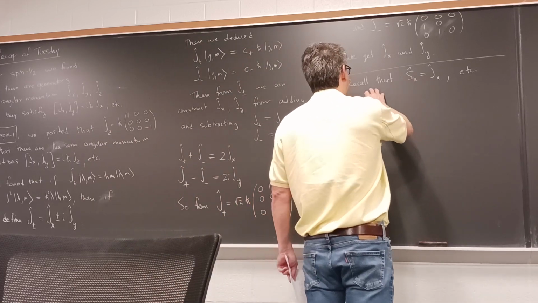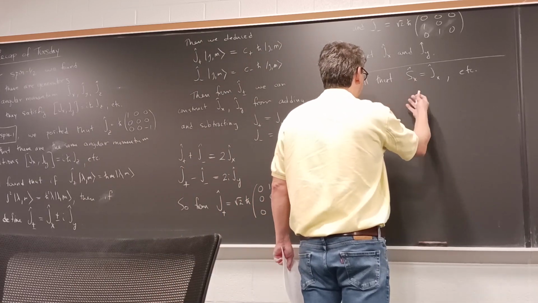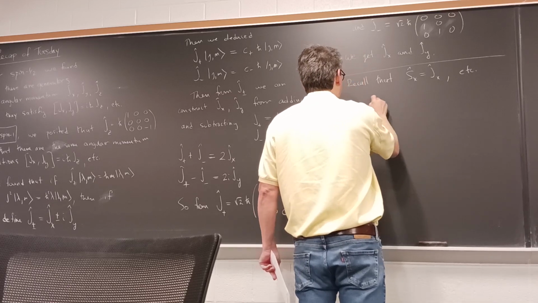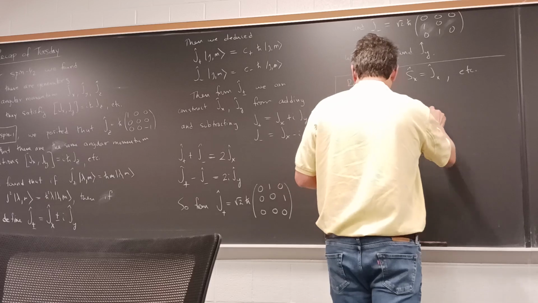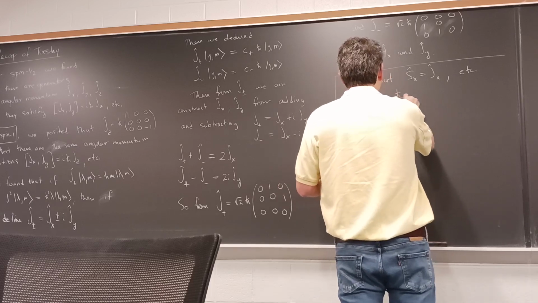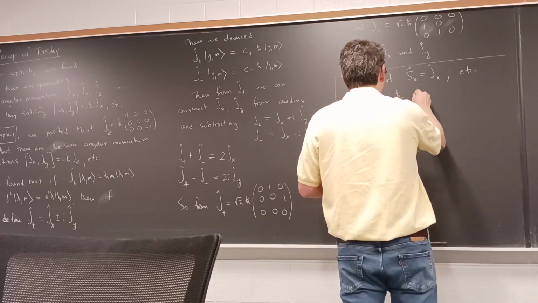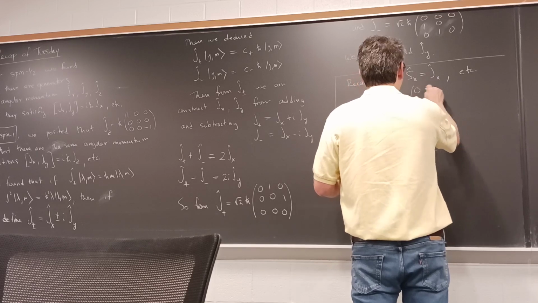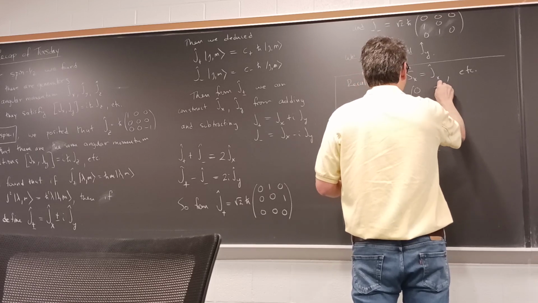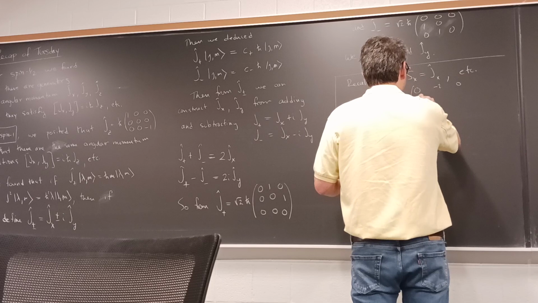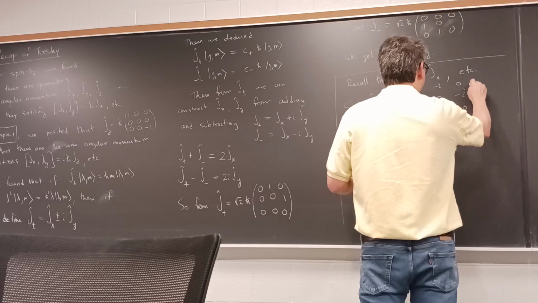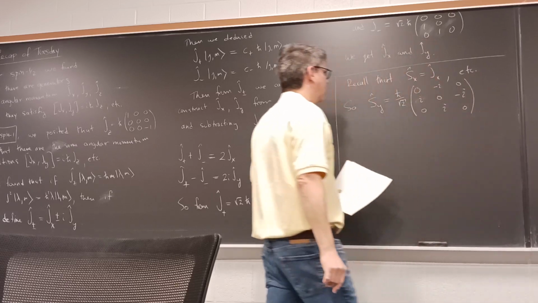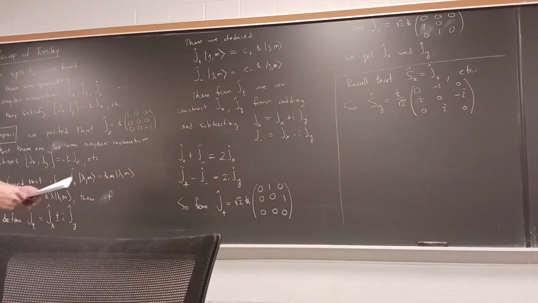Okay, so Sy, for example, is equal to ħ over the square root of 2, and this was the one with the i's. So we have minus i 0, 0, i 0 minus i, 0, i 0.